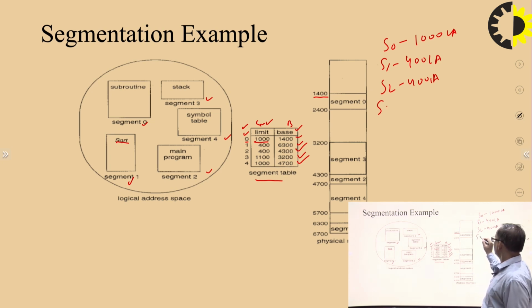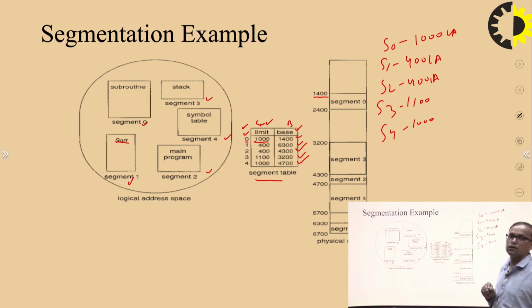S3 contains 1100 logical addresses. S4 contains 1000 logical addresses. So this is the size of a particular segment, and size represents how many logical addresses belong to that particular segment. For segment 0, 1000 logical addresses belong. For segment 1, 400 logical addresses belong. For segment 2, 400, in this manner.